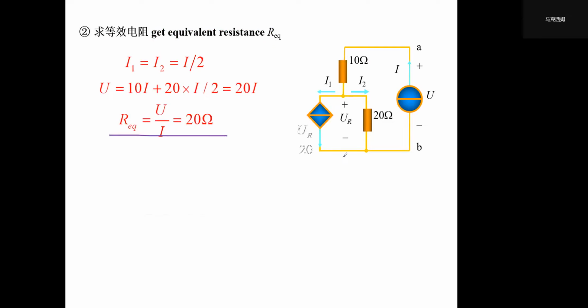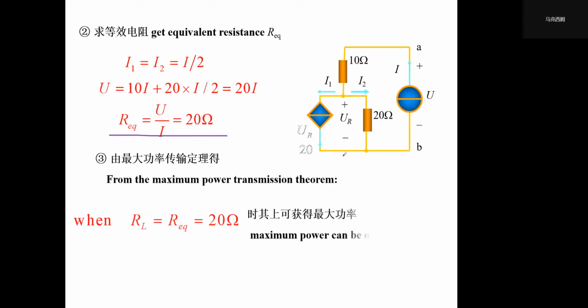And now we know the equivalent resistance and the open circuit voltage. Then we can apply the maximum power transmission theorem. So when RL equals R equivalent, equals 20 ohm, it could gain the maximum power, and the value could be calculated using this formula.